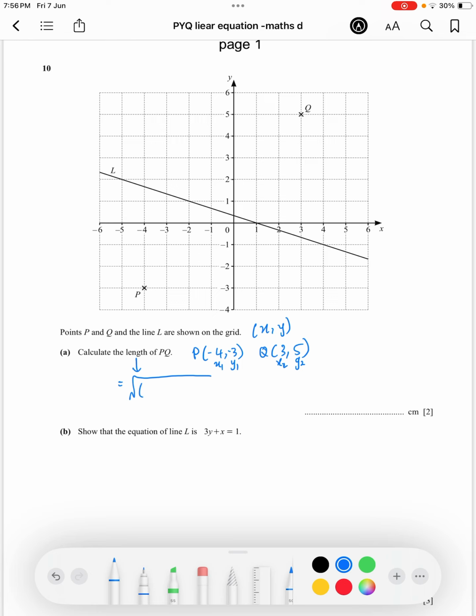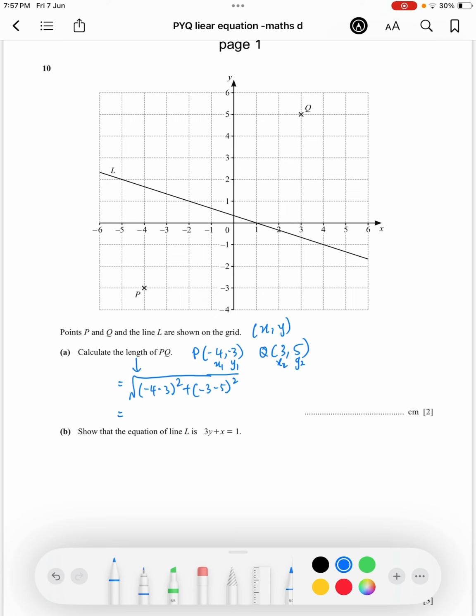And then for length, there is a formula: the difference of the x squared plus the difference of the y squared, and then simplify that one, use your calculator.